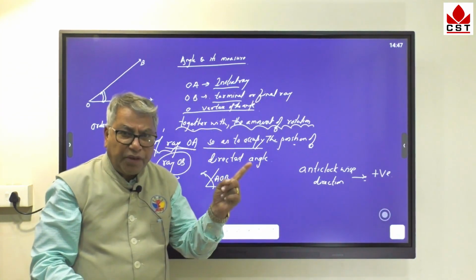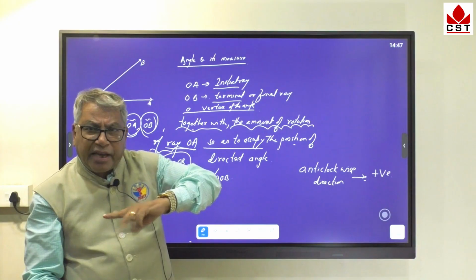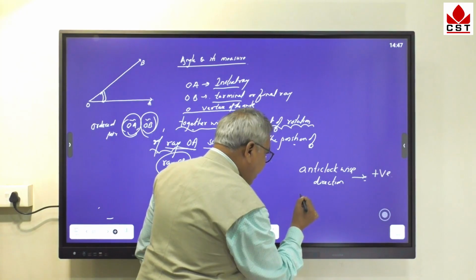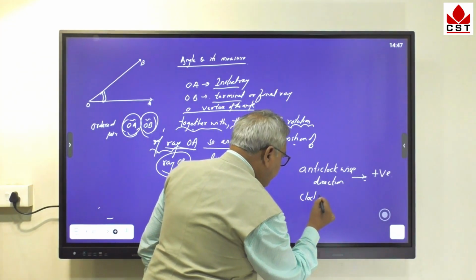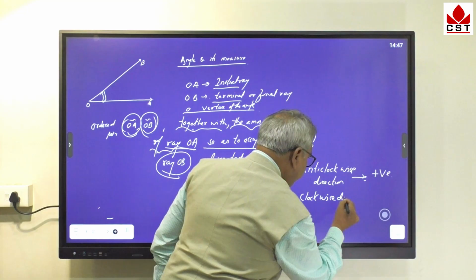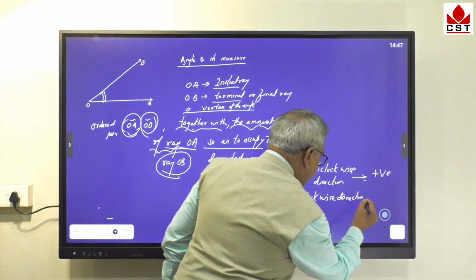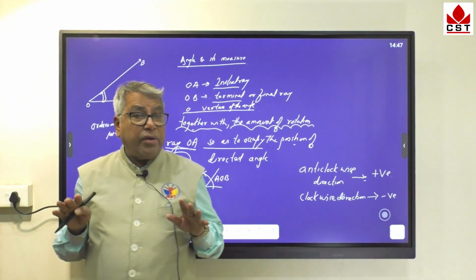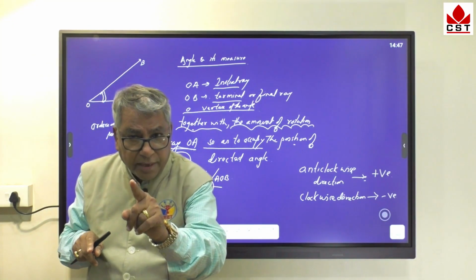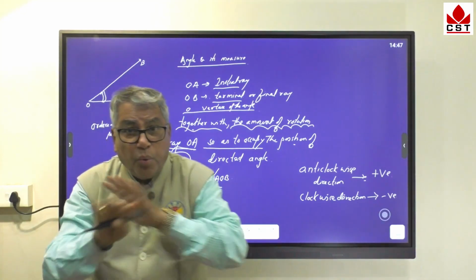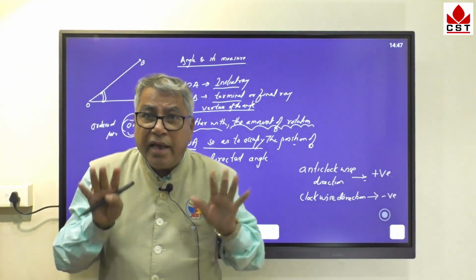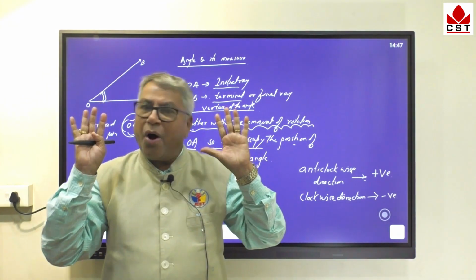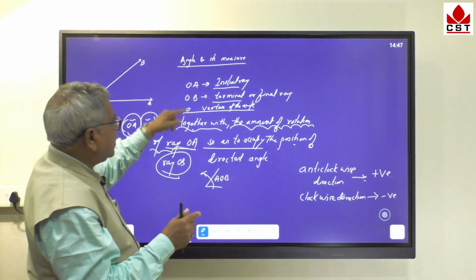If the rotation of the initial arm is in clockwise direction, then the angle is considered a negative angle. I have not told you about degrees, 30 degrees or 40 degrees. I only know that an angle is nothing but the amount of rotation of any ray. So this is the basic part.